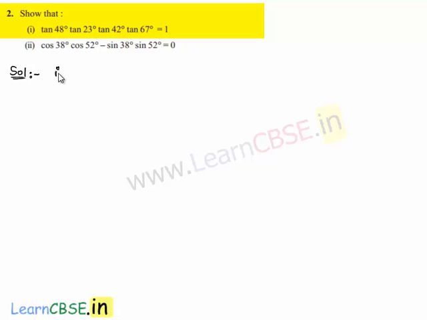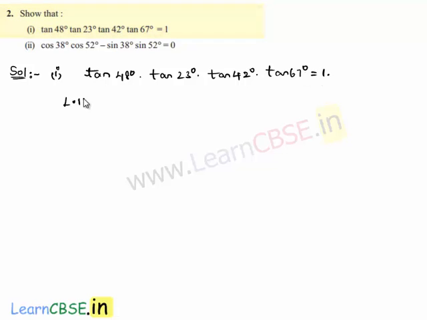For the first bit, we have to prove that tan 48 degrees into tan 23 degrees into tan 42 degrees into tan 67 degrees is equal to 1. Now let us consider only LHS in this.